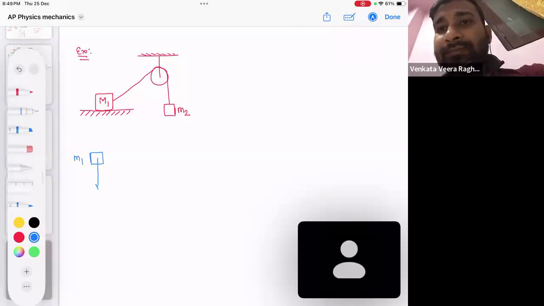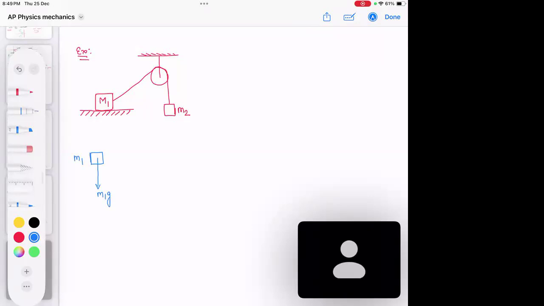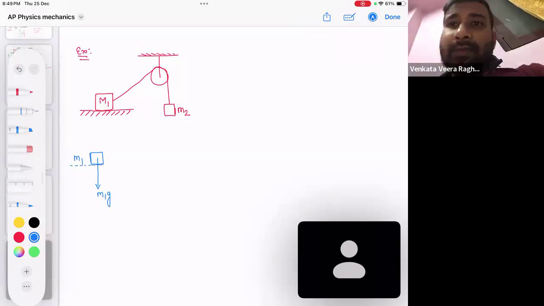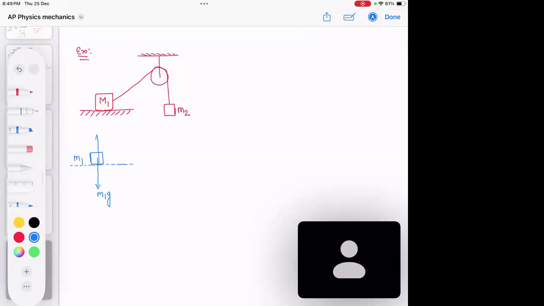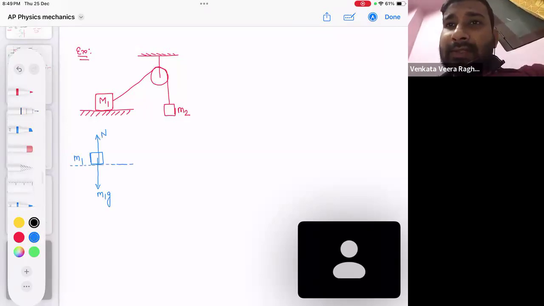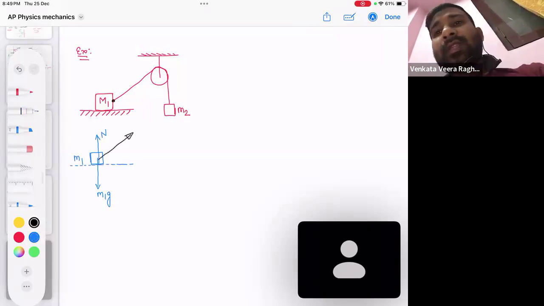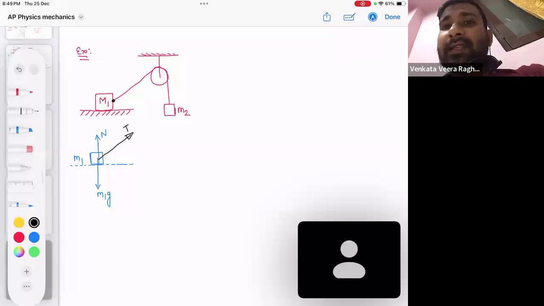There is m1g. There is contact with the ground, so there will be a normal force due to the ground. And a string is connected here, so this is the direction of the string that will be pulling it. That is the tension force. These are the three forces acting on the block m1: normal, mg, and tension.